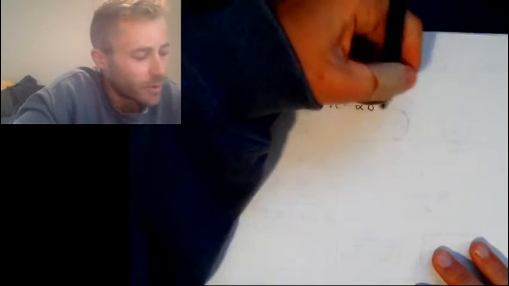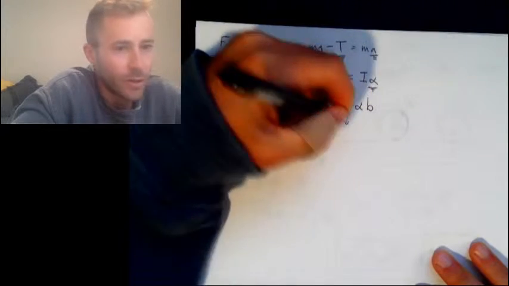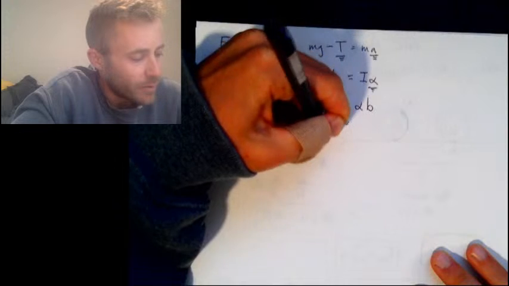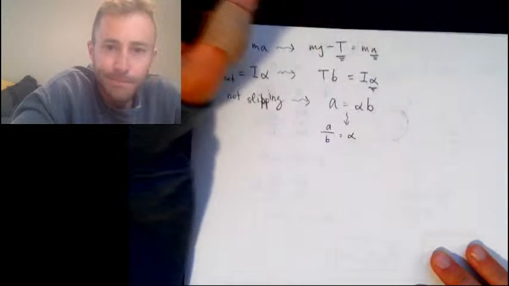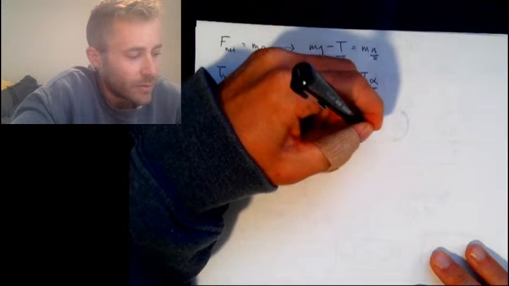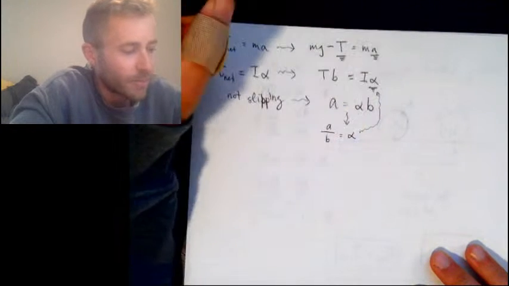First, I'm going to divide this equation by B, so I get A over B is alpha. Then I'm going to plug that in for alpha right here.